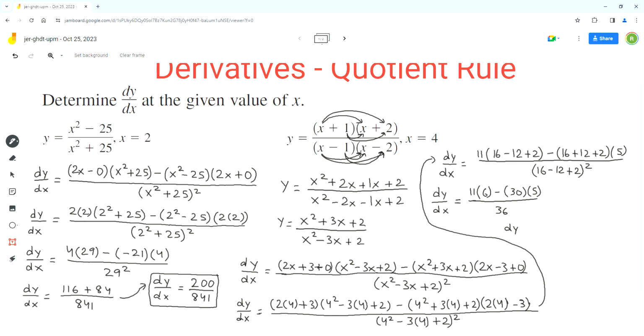So dy over dx equals, so now in the numerator we do 11 times 6, which is 66, minus, now we do 30 times 5, which is 150, over 36. Now 66 minus 150 is equal to negative 84.